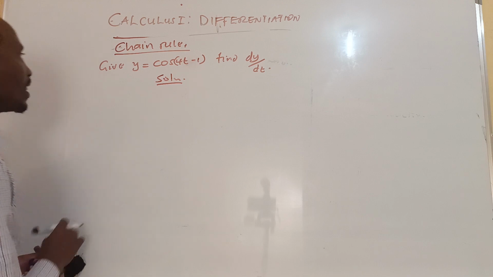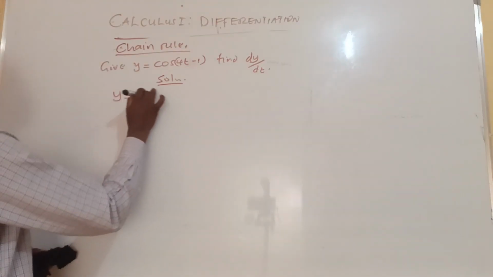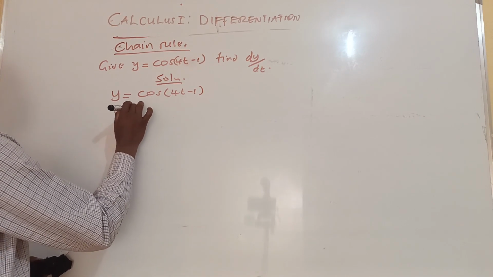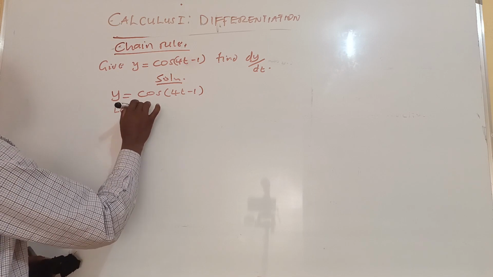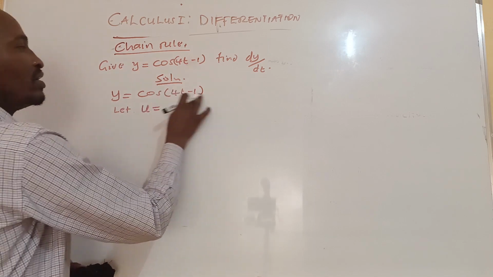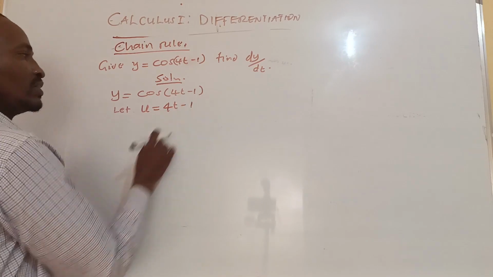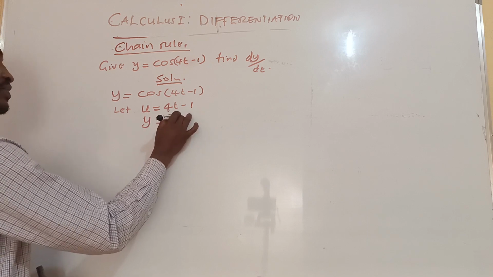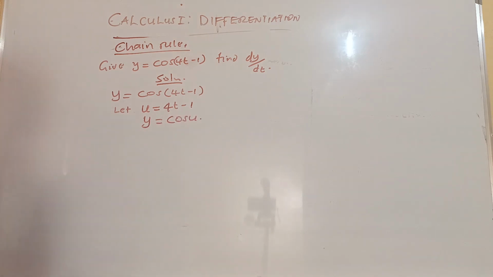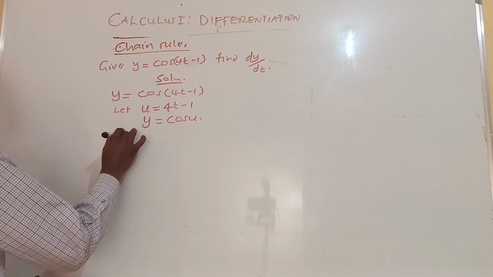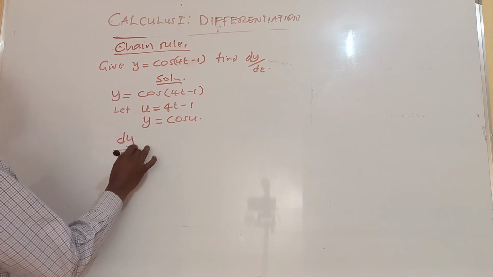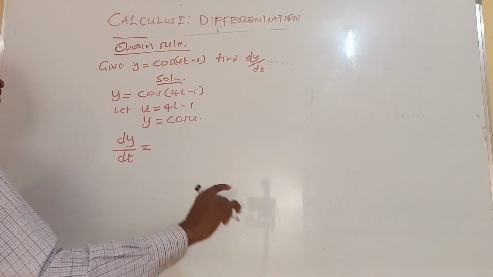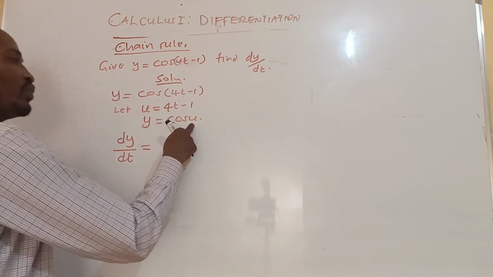Here, you can say y is equal to cosine of 4t minus 1. Then we say that our inner function, let us call it u, is equal to 4t minus 1. So that now y is cosine of u. To differentiate the original function y with respect to t, it will be the derivative of the outer function. Notice now y is a function of u.